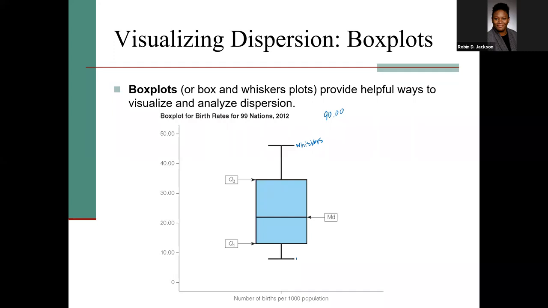This right here is just me giving you information. It's starting to get a little technical at this point, but basically what you need to know and understand is that it's another way to provide a visual representation of the information for dispersion.